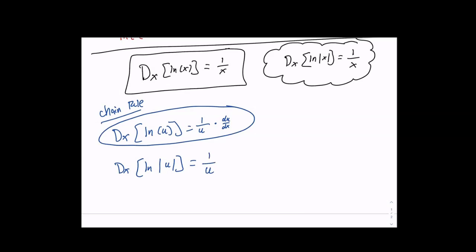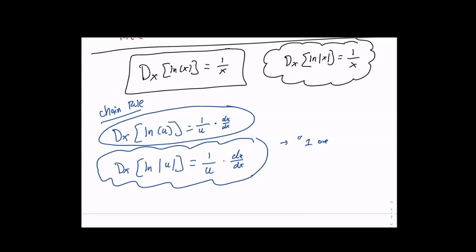Exactly. One over the baby times the derivative of the baby.